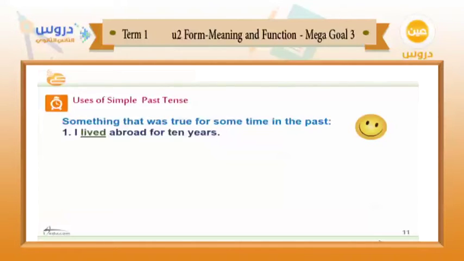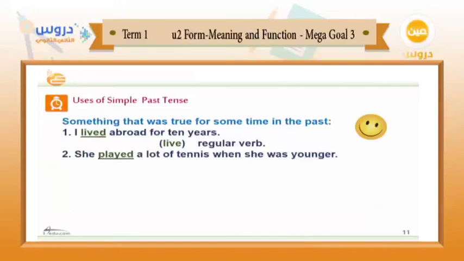And of course, live is a regular verb because we added ed here. She played a lot of tennis when she was younger. So this thing was true for some time.